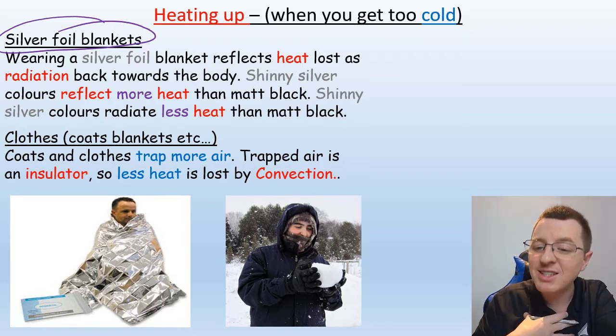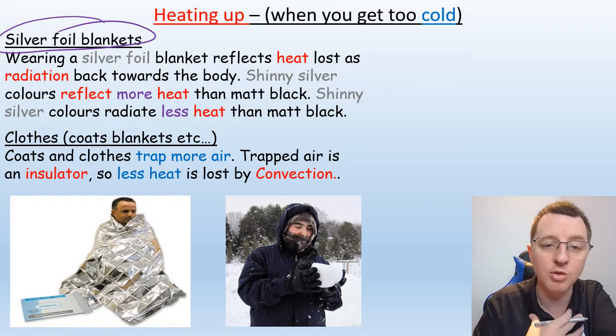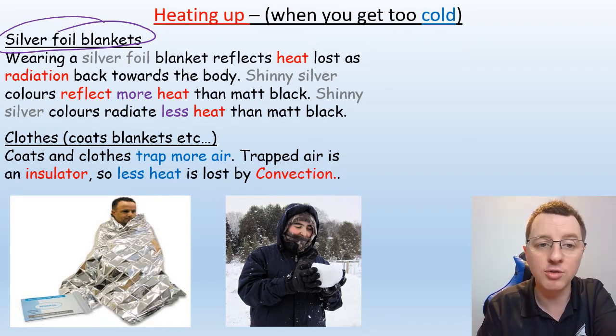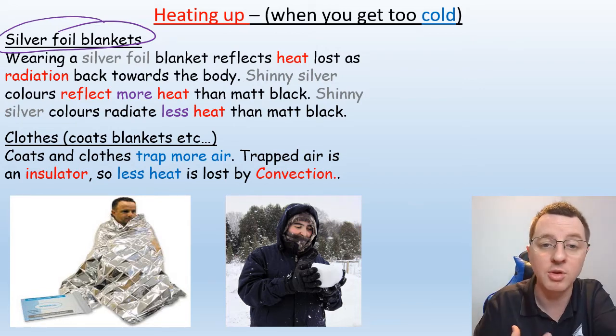So that radiation energy is hitting the silver blanket and being reflected back towards your body, therefore warming you. Shiny silver colours will reflect more heat than a matte black colour. So that's why the blankets are a shiny silver colour. It's also noticeable that shiny silver colours will radiate less heat to the outside environment than a matte black colour.